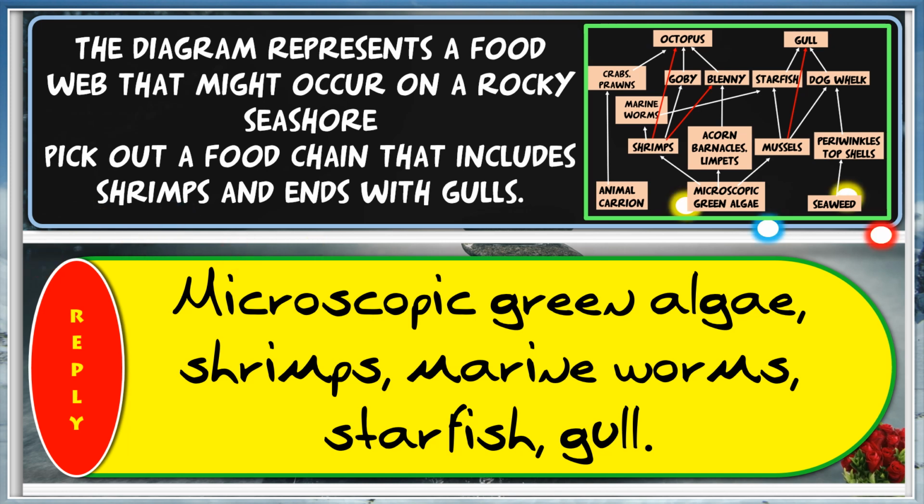Microscopic green algae, eaten by the shrimps, eaten by marine worms, and then starfish, then the gulls.